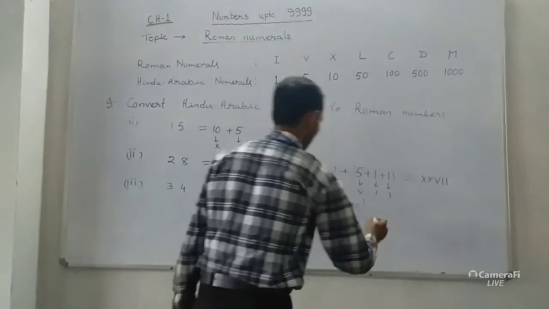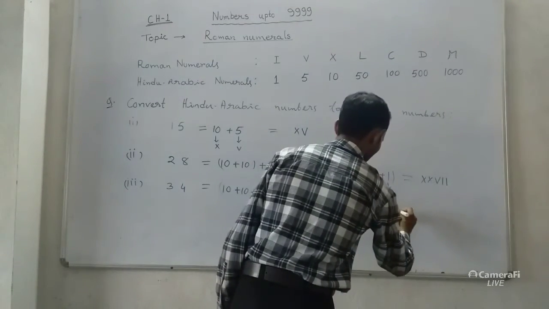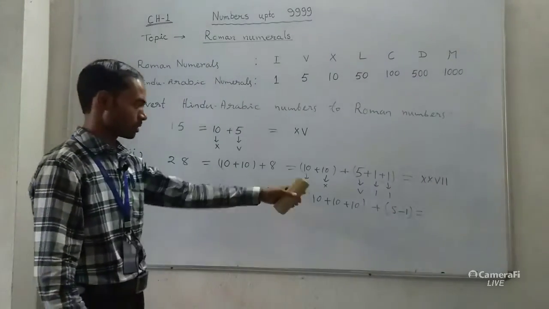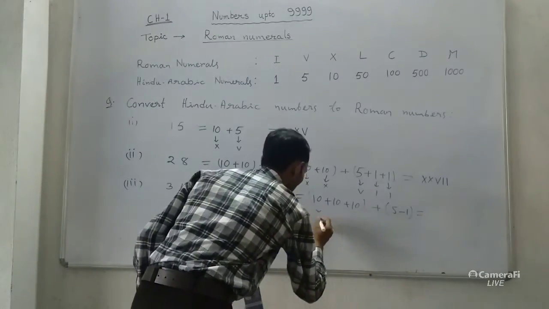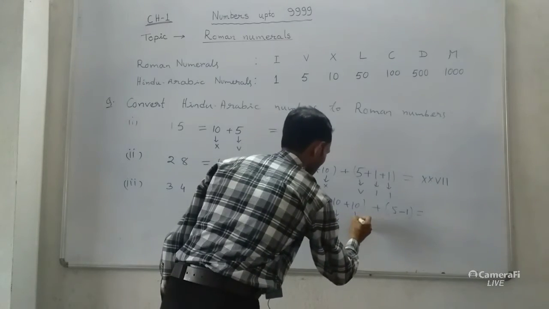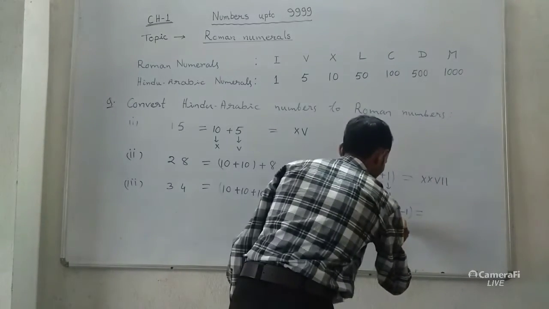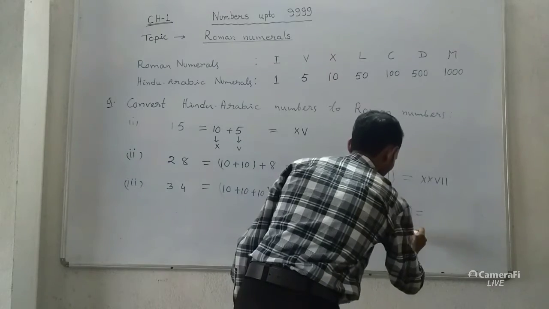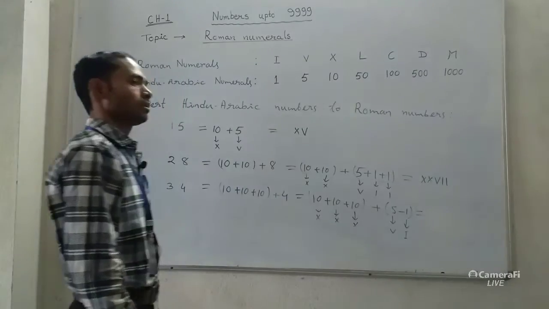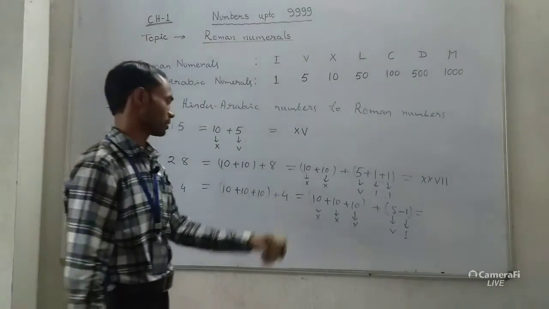Now 4 will be written as 5 minus 1. They have particular symbols. 10 has the symbol X, 5 is V and 1 is I. Now we will arrange the symbols.